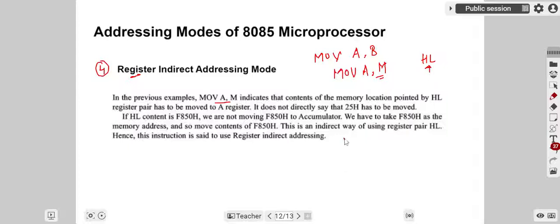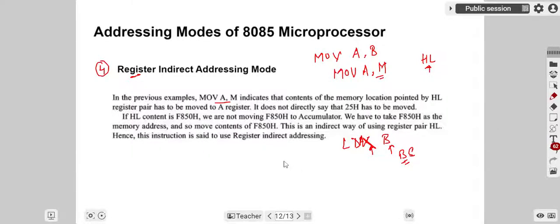So the data has been provided with the instruction itself but indirectly. For example, LDAX B, load accumulator indirect with BC register pair content as address. So this X itself means indirect.